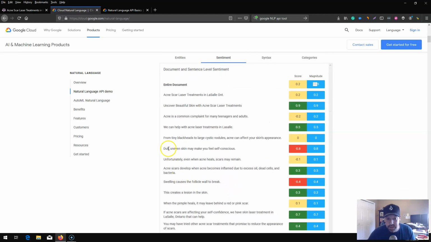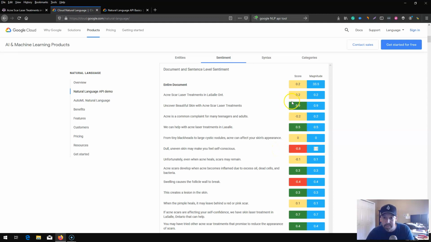So you can see here, "dull, uneven skin makes you feel self-conscious." That has a negative connotation to it, so it has negative 0.8, almost close to a full 1. And the magnitude of that, well, it isn't necessarily screaming about it, but it does have some magnitude.